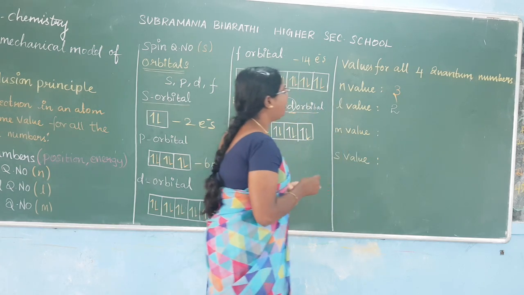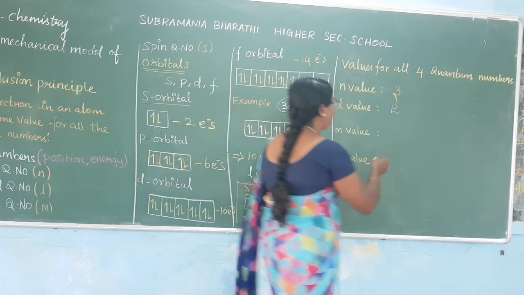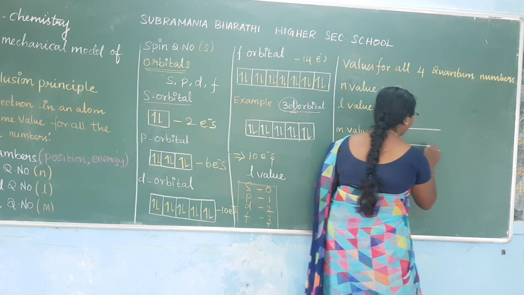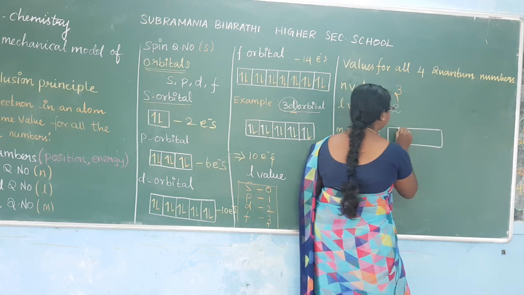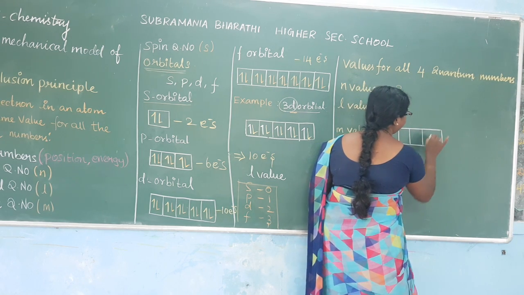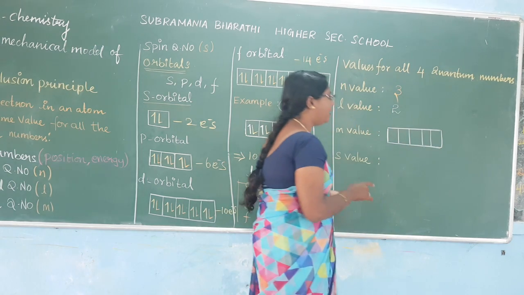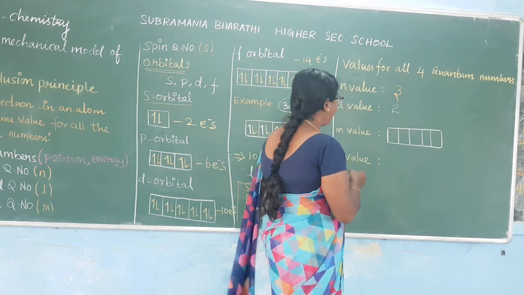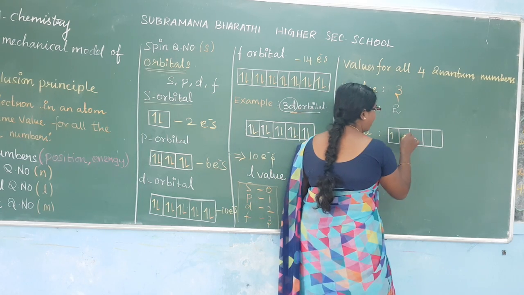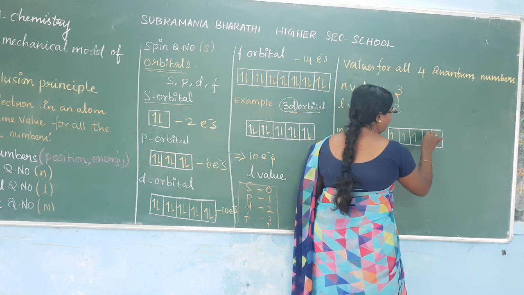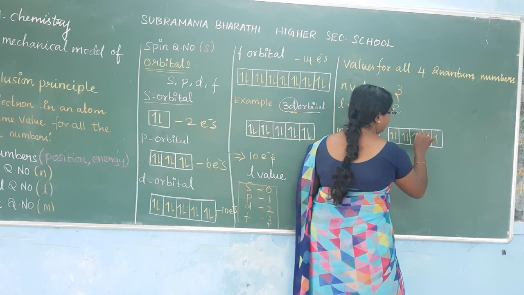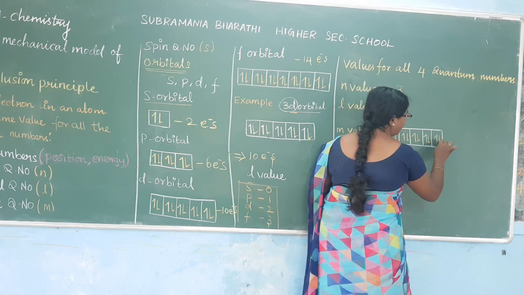Then I have to find the M value, the magnetic quantum number. For that, I am drawing the degeneracy set. Since it is a d orbital, it will have 5 degeneracy sets. So I am filling up the electrons 1, 2, 3, 4, 5, 6, 7, 8, 9, 10.